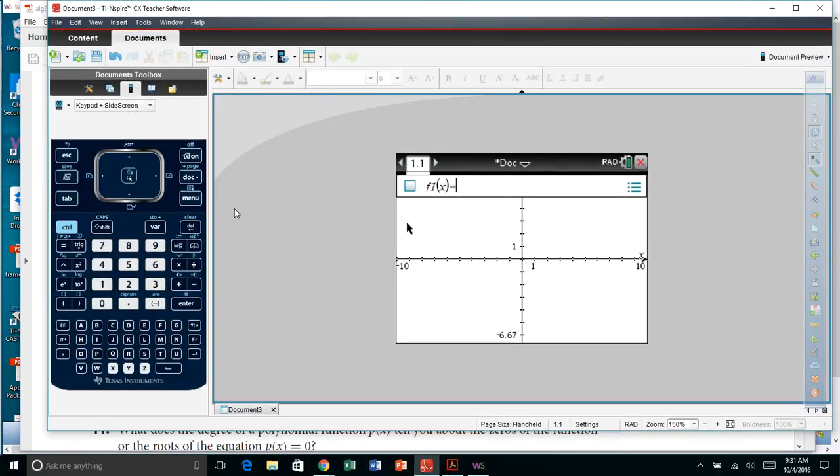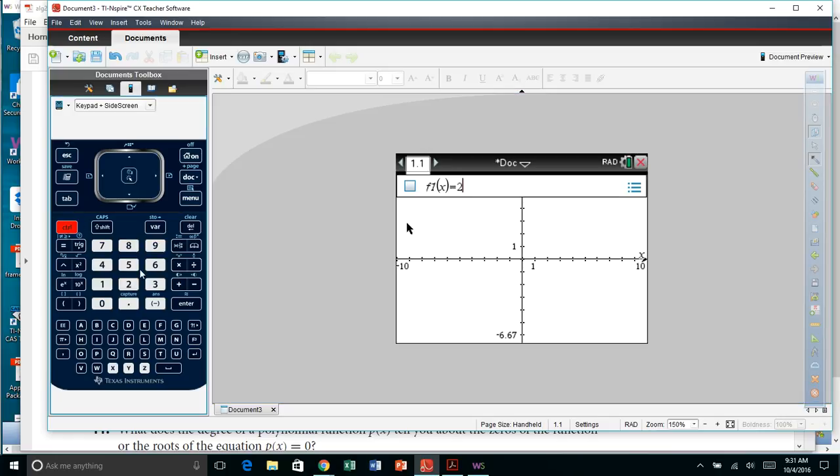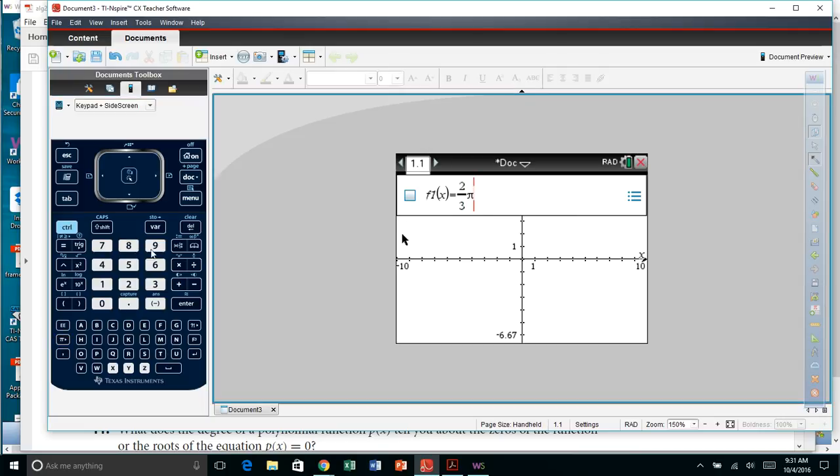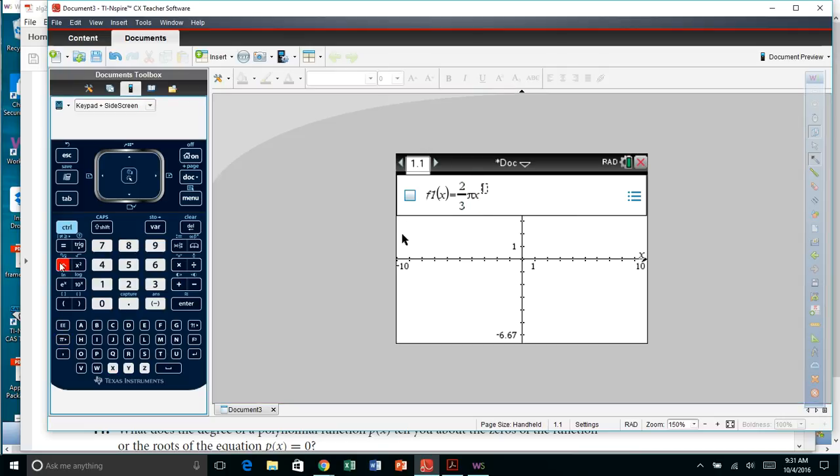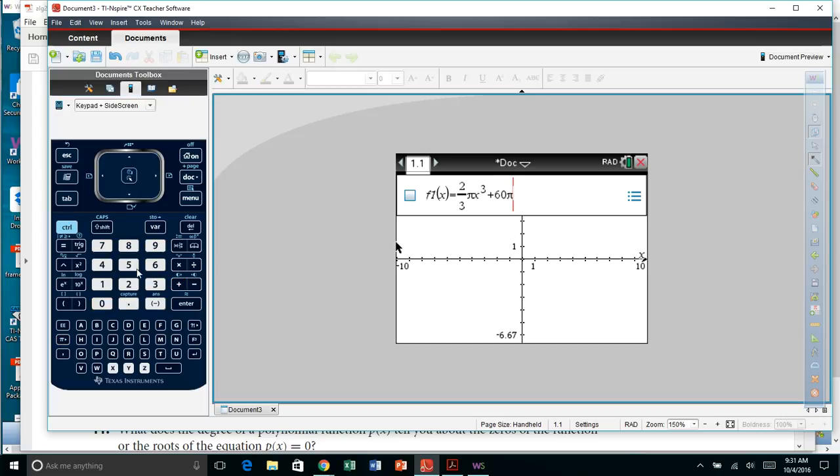The first equation is 2 control divide 3, pi, x caret 3. And then we want to add that to the cylinder, which is 60 pi x squared.